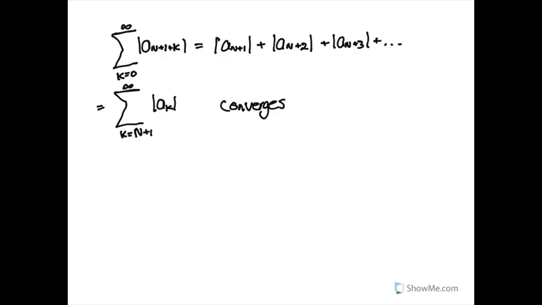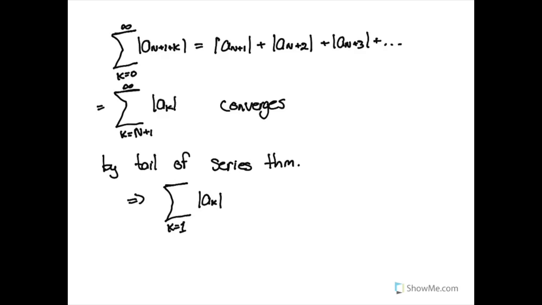So by the tail of series theorem, this implies that the whole series converges starting at k equals 1, because its tail converges.